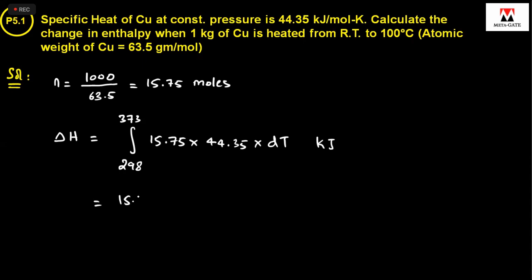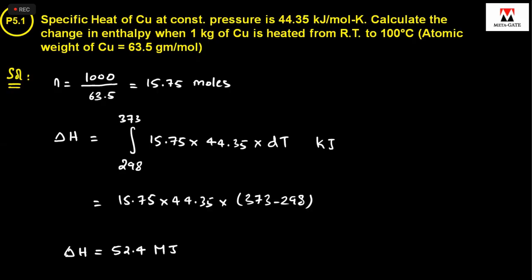So this is 15.75 into 44.35 into 373 minus 298, which is 75. So the heat will be 52.4 megajoules.